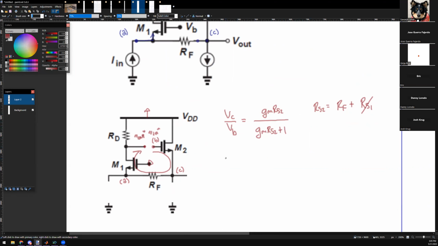Now you need to go from VC to VA. This is going to be a little bit tricky, but it's a voltage divider where I have RF plus RS1, and I choose RS1.